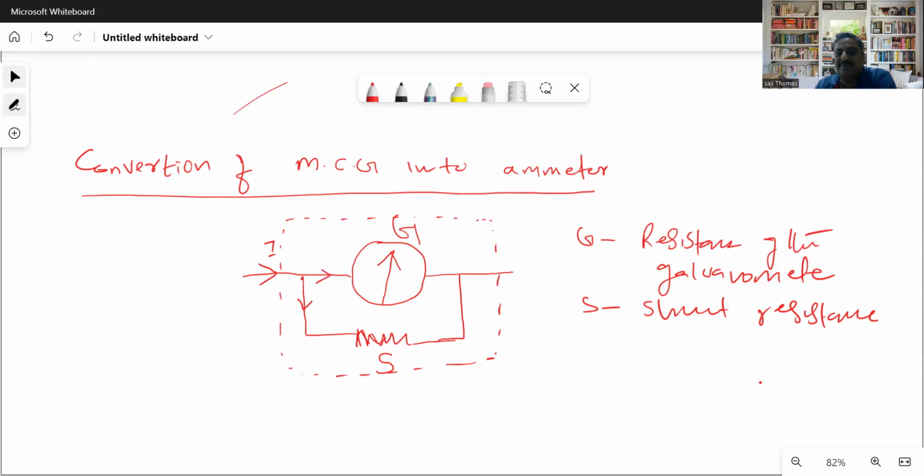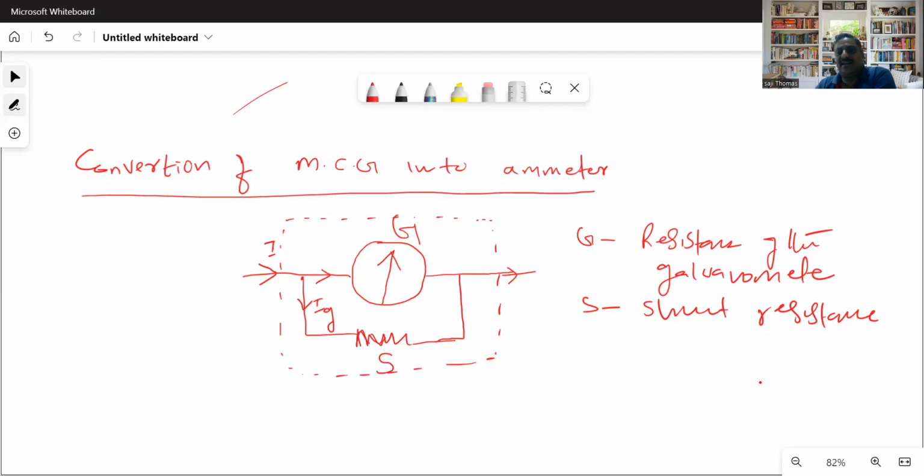So I am taking the current through the galvanometer as Ig. The remaining current, that is a very small fraction, will go to the galvanometer. Now it comes out. While coming out, these two currents add up here.